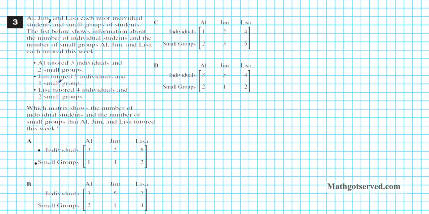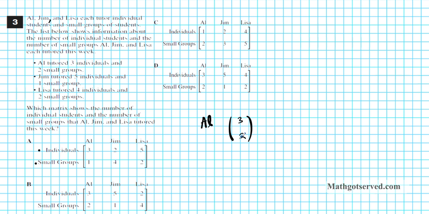So which one is correct? Well, we'll go ahead and group these tutoring groups. It will be easy for us to determine which one is correct. Okay. So for Al, what was the story with Al? Al had 3 individual and 2 small. So we can write it as 3 and 2. 3, 2.